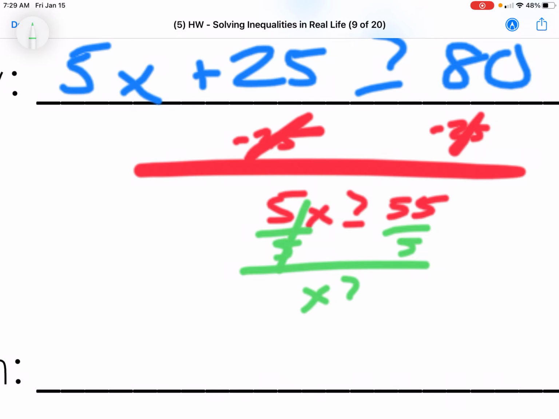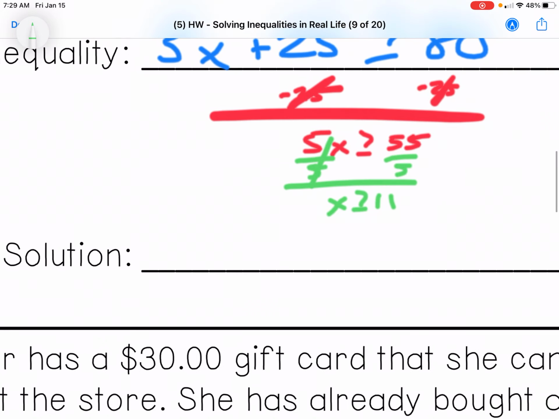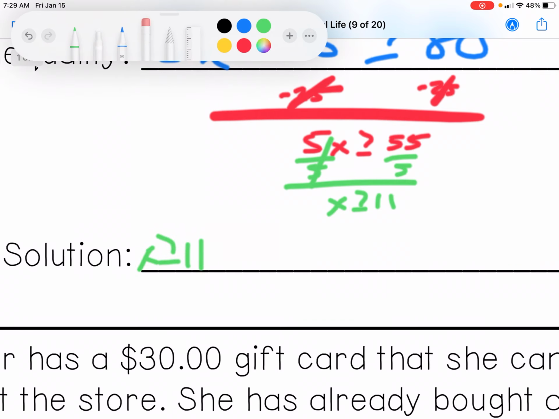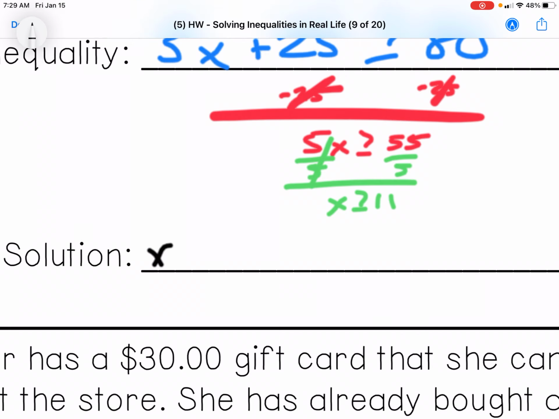I'm left with x is greater than or equal to 11. So the solution is x is greater than or equal to 11. That's pretty bad writing, so I'm going to rewrite that. X is greater than or equal to 11. So 11 miles per day.